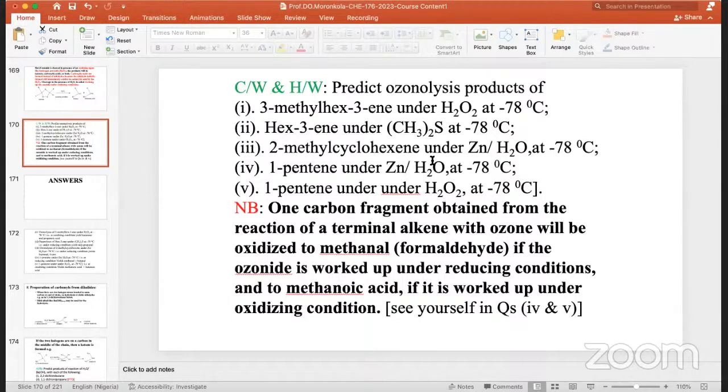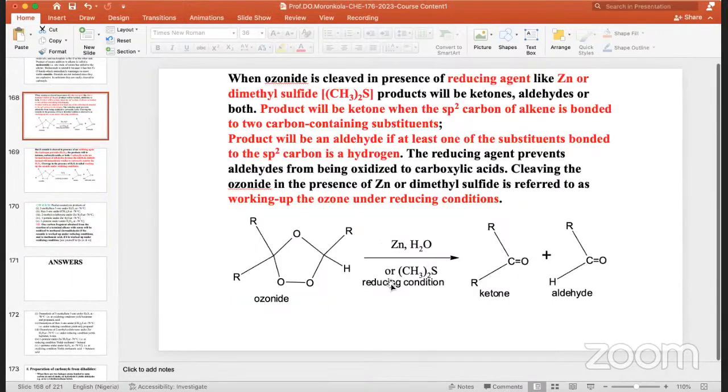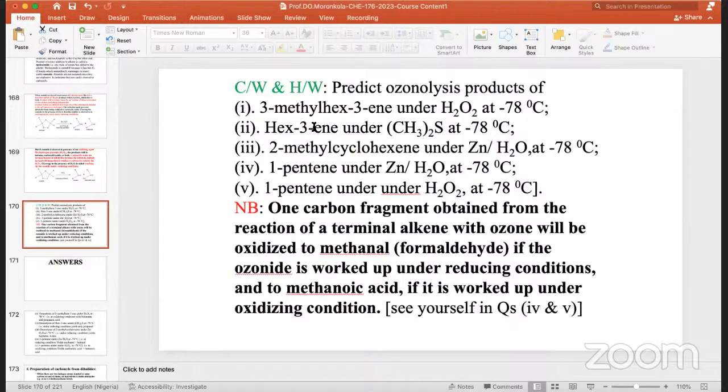The next one is zinc in water, which is still what we have talked about: either zinc in water or dimethyl sulfide are referred to as reducing conditions. So for 1-pentene, you will find out, well, this is zinc in water, and that's a reducing condition.